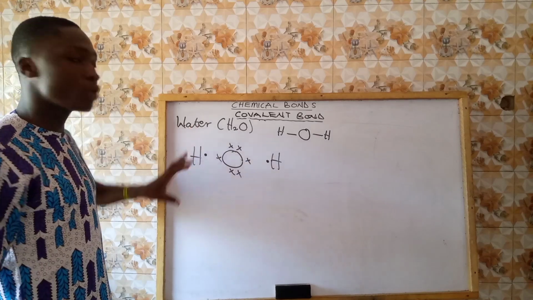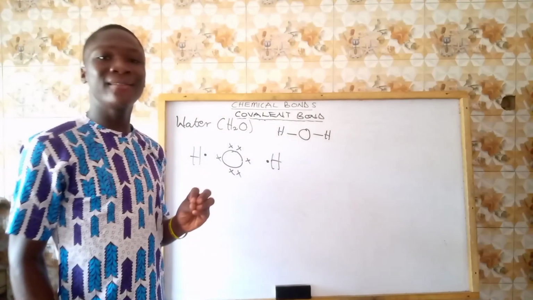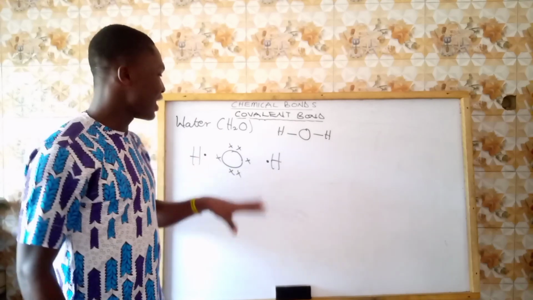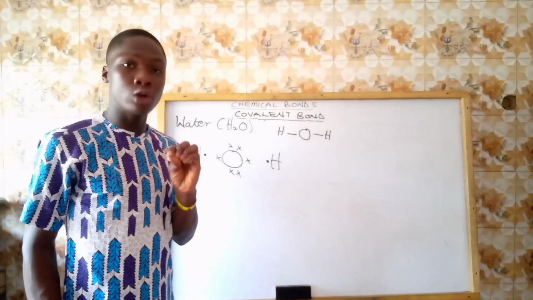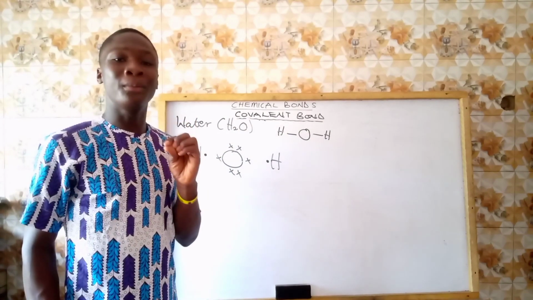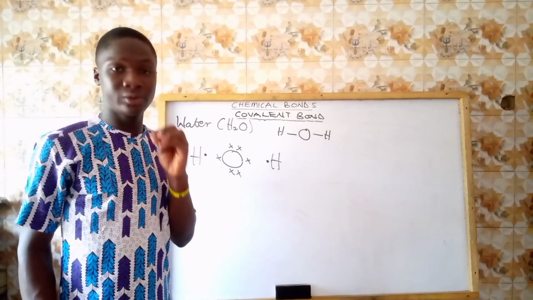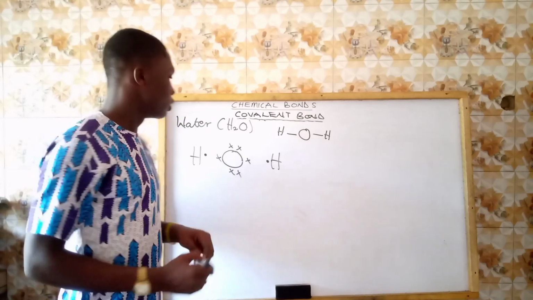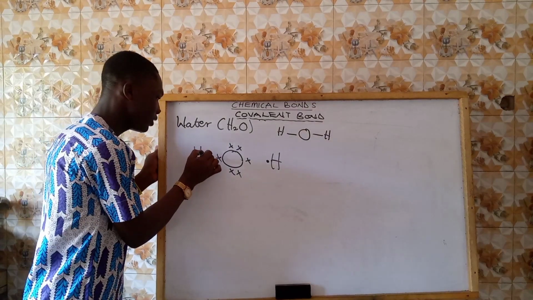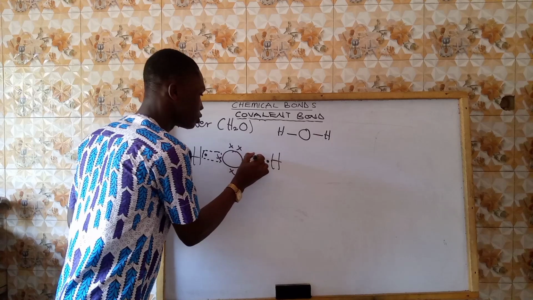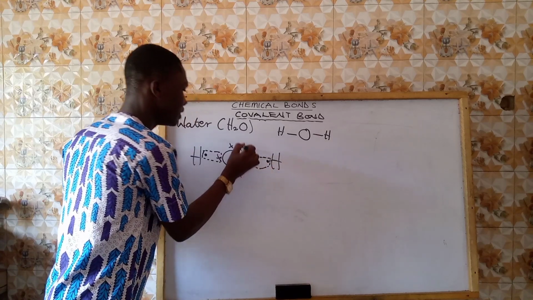So H wants to become stable by having 2 electrons for it to fulfill the duplet rule, and O, or the oxygen, wants to become stable by having 8 electrons in its last shell for it to follow the octet rule. So what will they do? This one will share these, then this one also will share these.